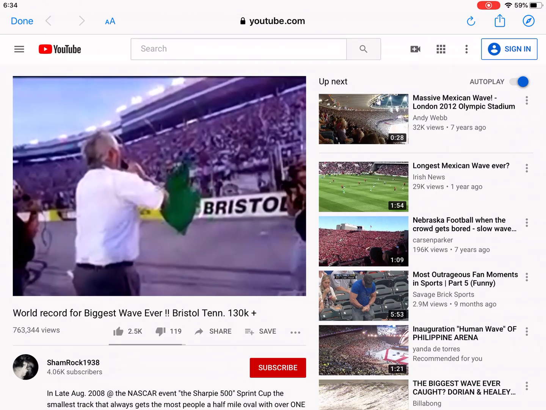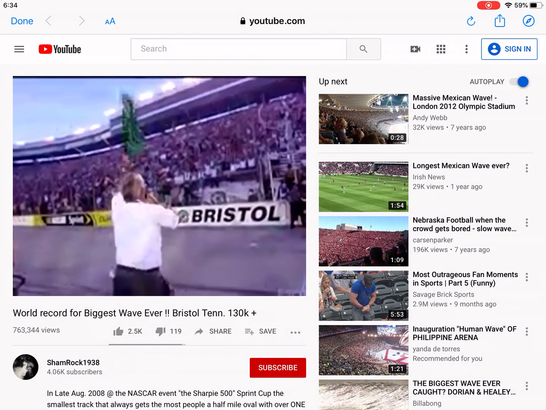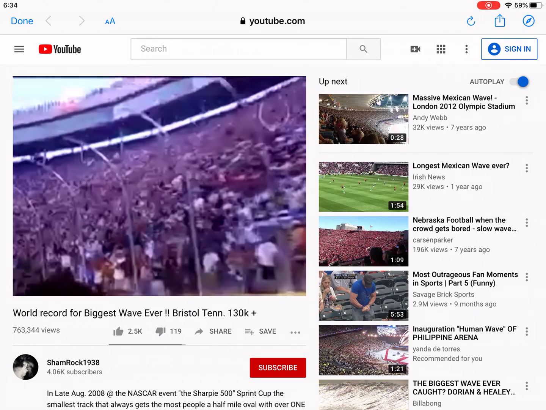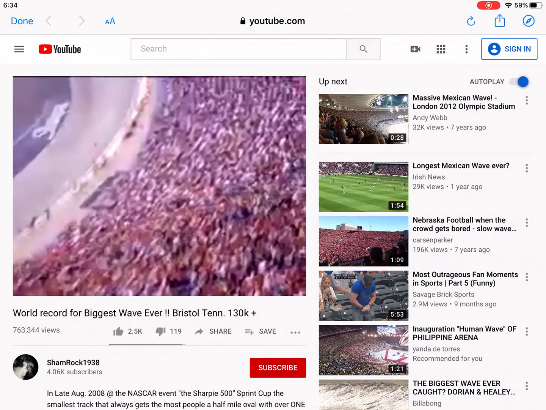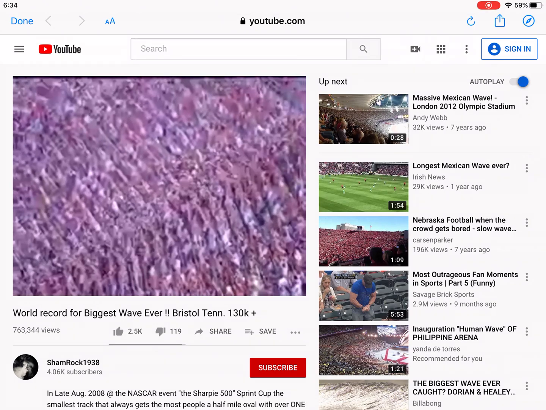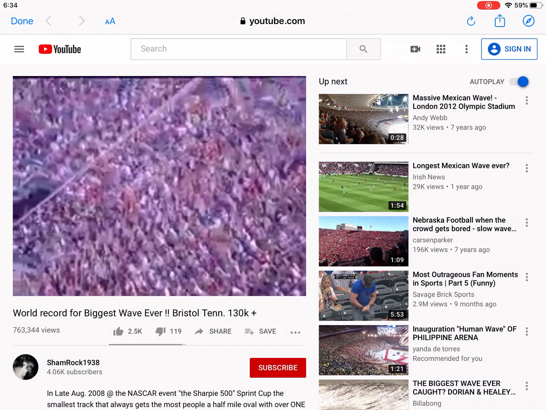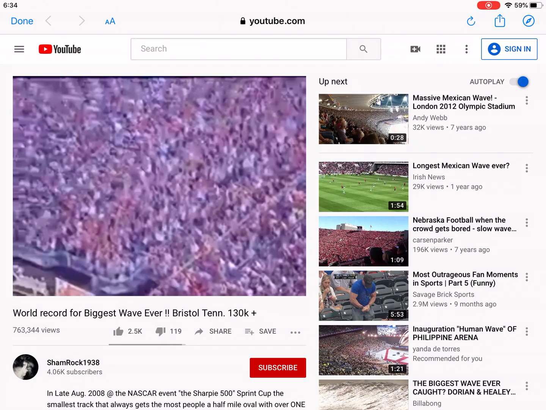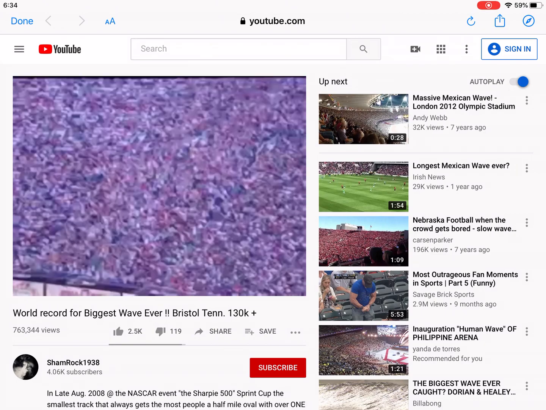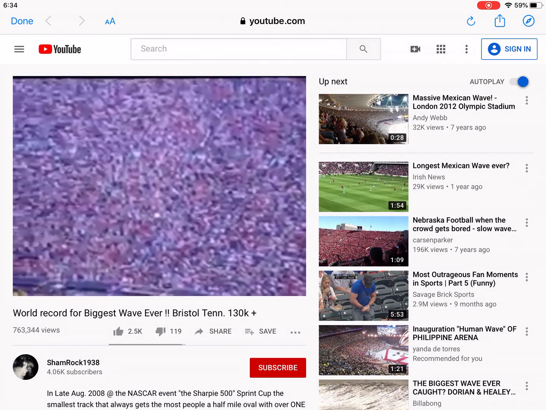You are looking at a new world record for the wave. Fine attempt, can they do it? 168,000. They are here from the Guinness Book of World Records to certify the record if they can make it all the way around. Yes, folks, just another sellout crowd here at the world's fastest half mile in Bristol, Tennessee.